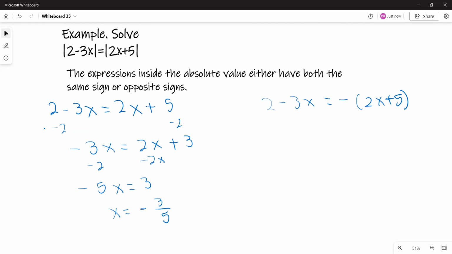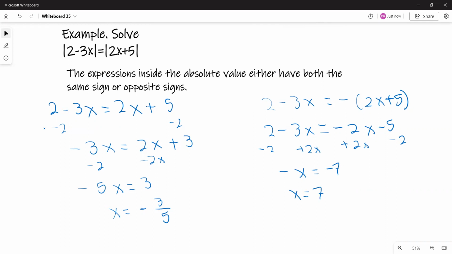And let's solve the other equation. 2 minus 3x equals the opposite of 2x plus 5. Subtract 2 from both sides. So we have 7, and then add 2x to both sides. The opposite of x is negative 7, and x equals 7.